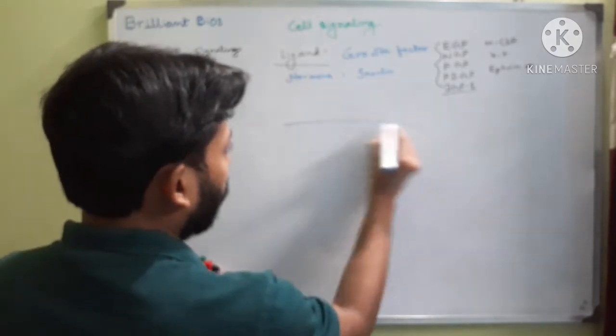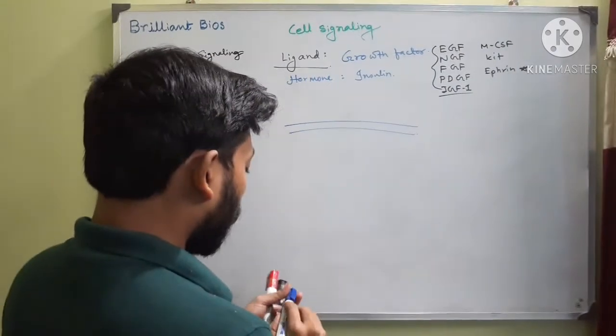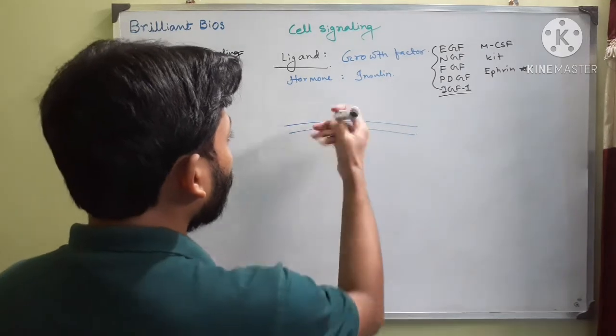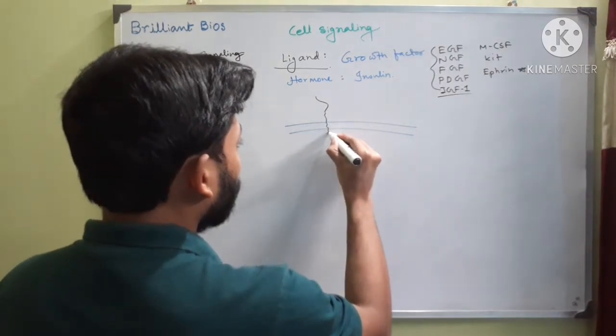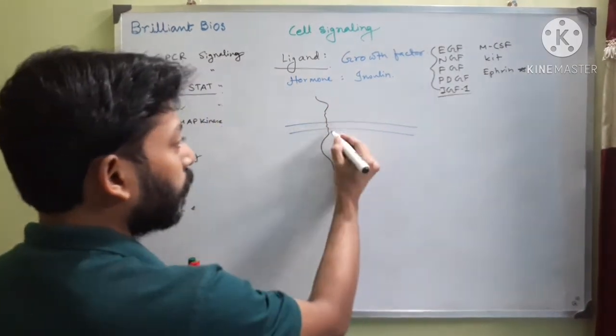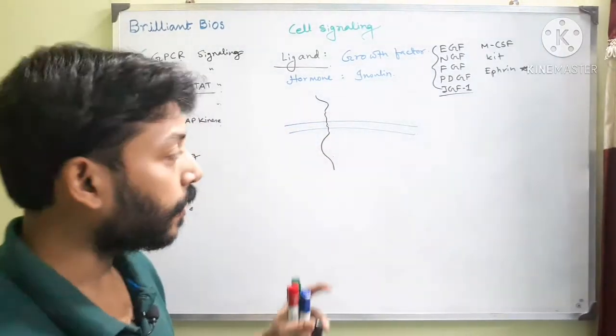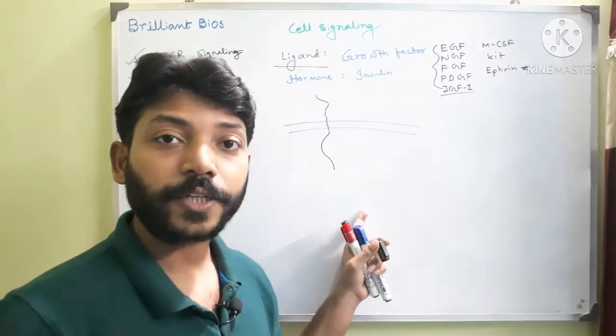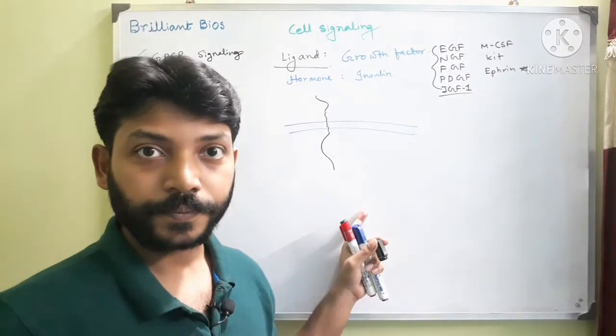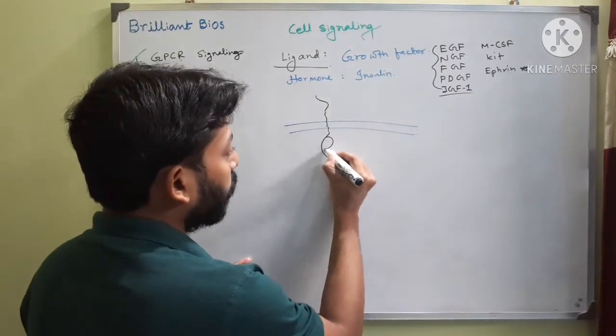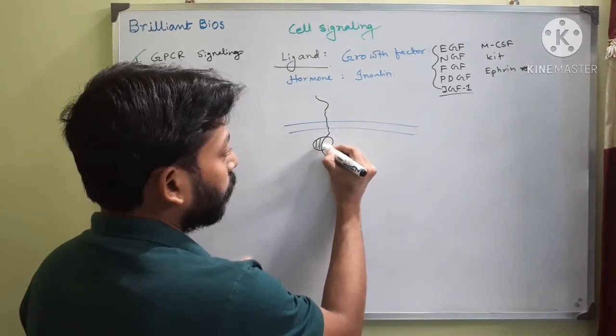let's suppose this is the plasma membrane. In the RTK pathway, most of the receptors, this is the extracellular domain, this is the transmembrane domain, and the cytosolic domain. In most cases the receptor remains monomeric in nature, and they have a receptor tyrosine kinase.